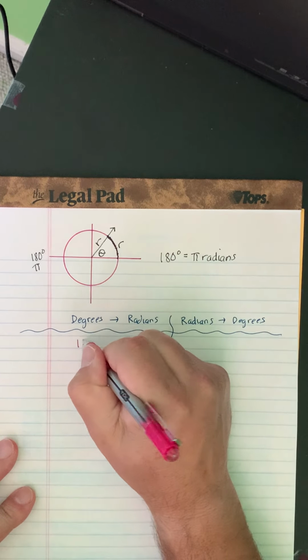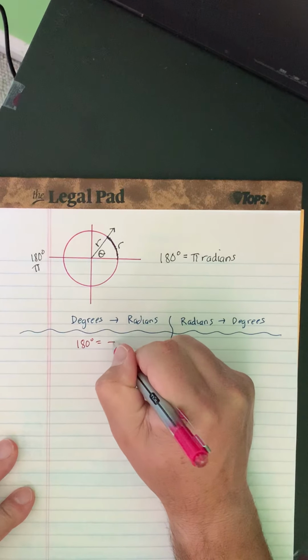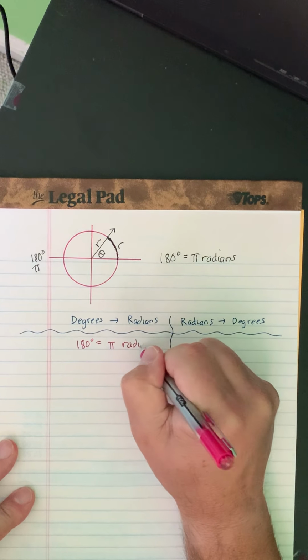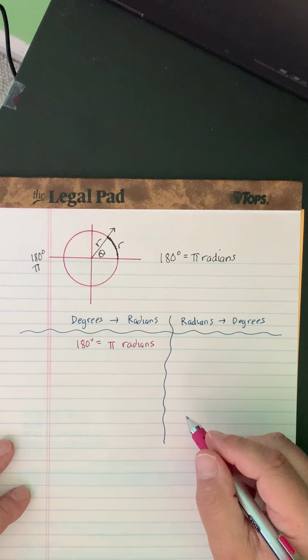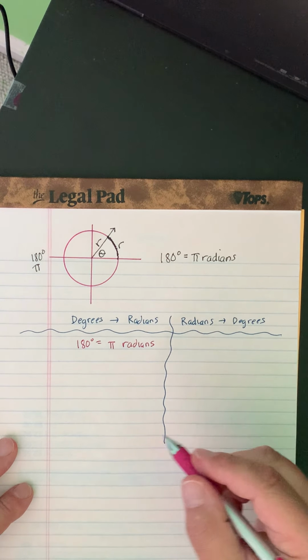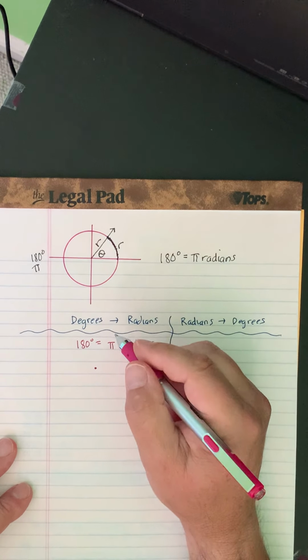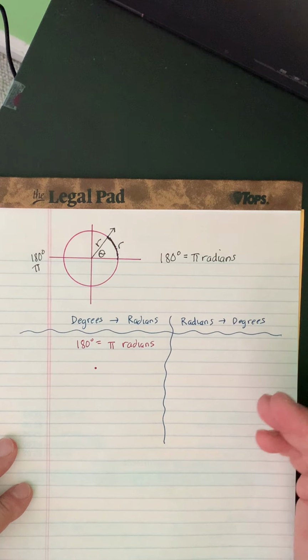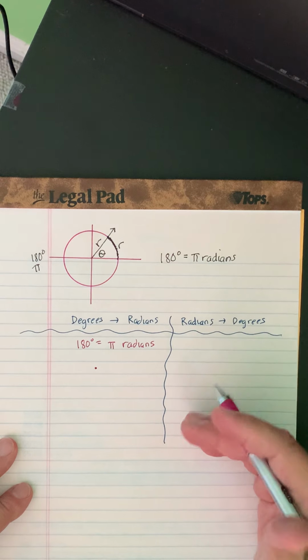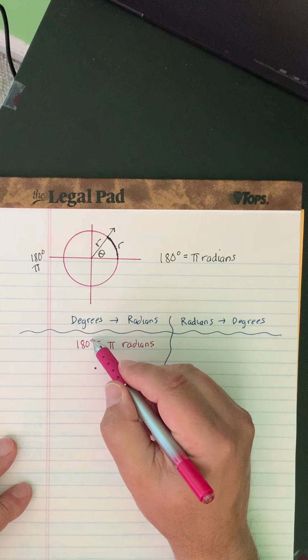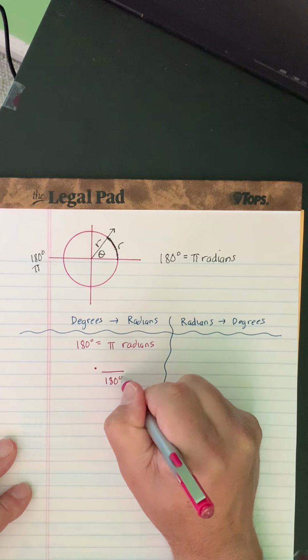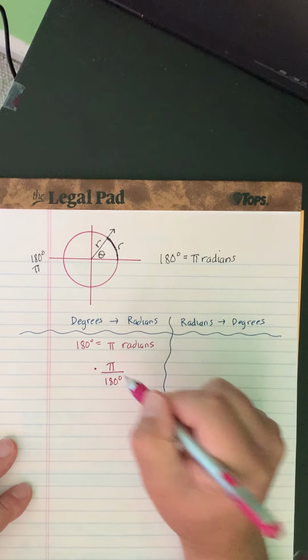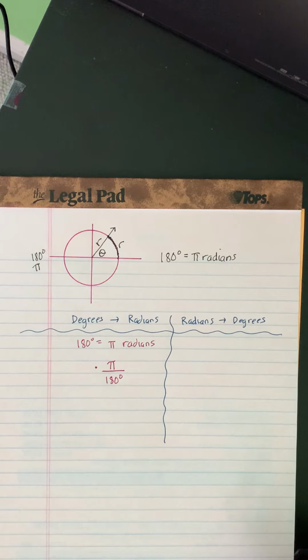So 180 degrees equals pi radians. What's that mean? If I have degrees and I want to take it to radians, I need to get rid of degrees. So in order to get rid of degrees when I multiply, I need my degrees on the bottom. So there's my ratio, pi to 180 degrees. That's the conversion factor.